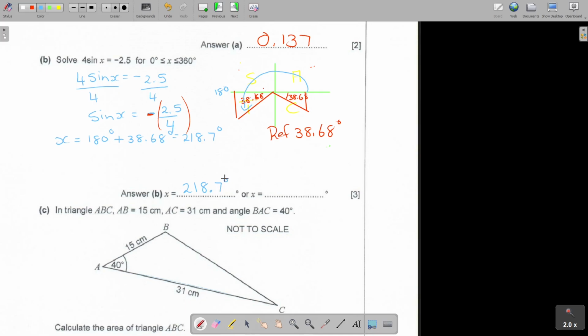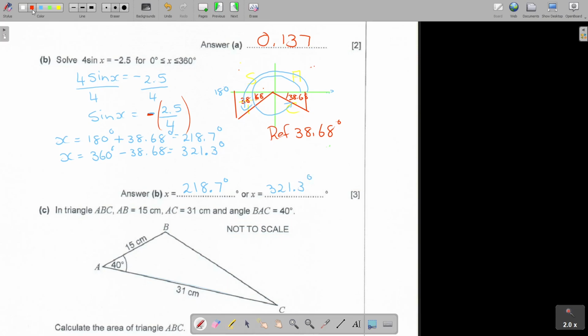And then the next one, it's from there to there. And that will be 360, because it stops at 360 again, minus that 38.68. And that is going to be 321.3 degrees. And that's how you do it.